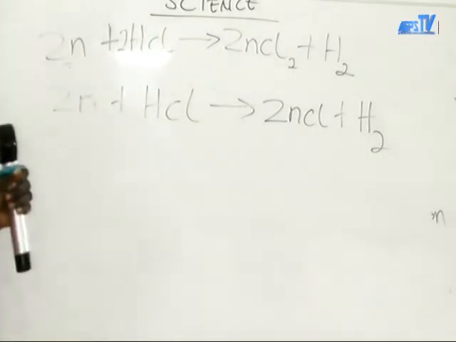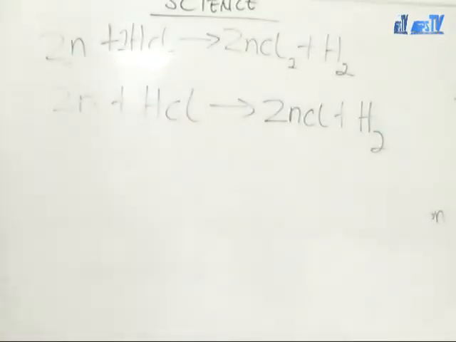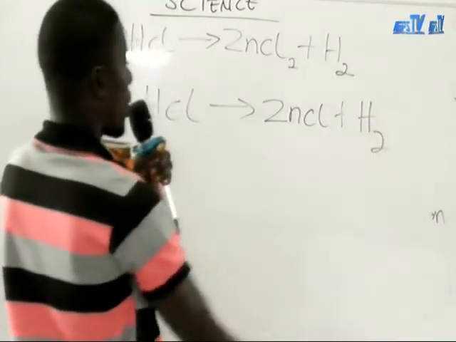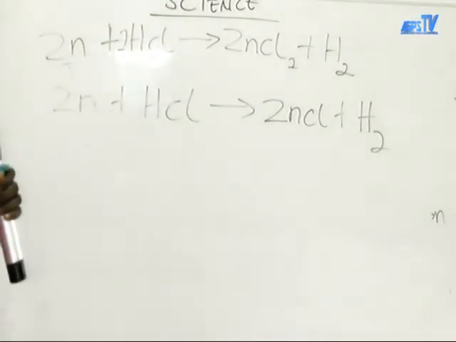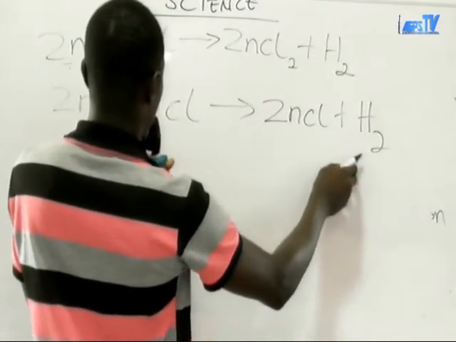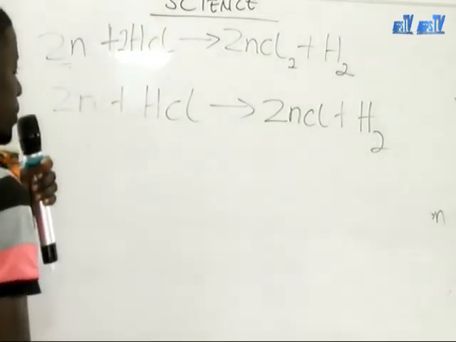We all know that acid reacts with metal to produce salt and hydrogen gas. So you may think that the moment you get your hydrogen gas here, you are correct. You can get it wrong. I want you to pay attention. You can get it wrong. So the moment you add 2 to this, it means that we have to count the number of atoms at the left-hand side.